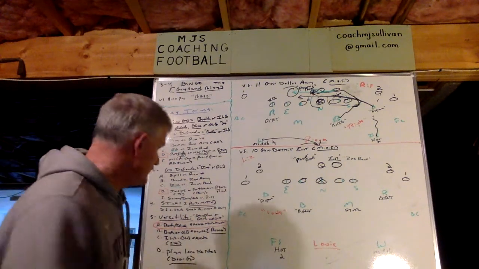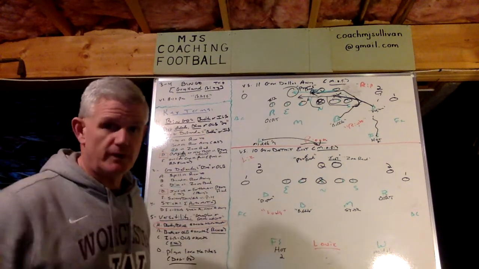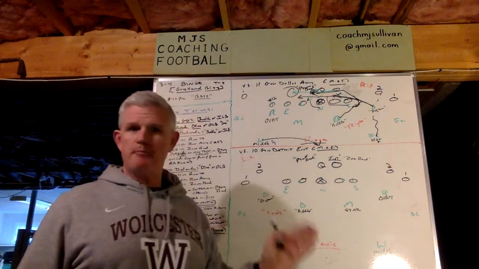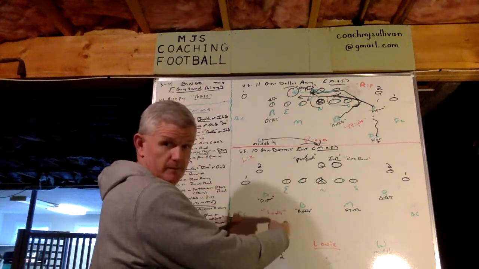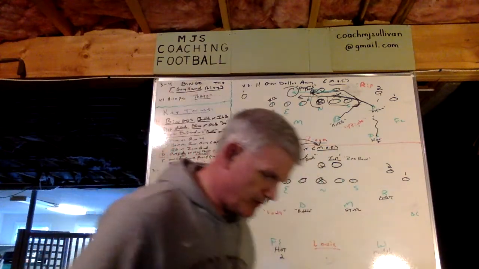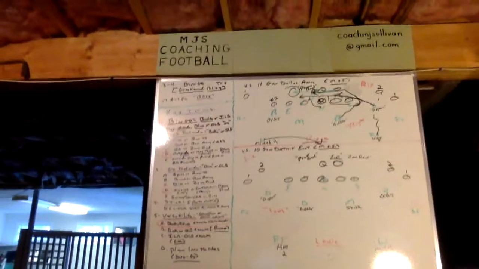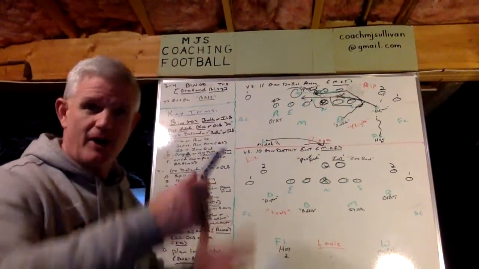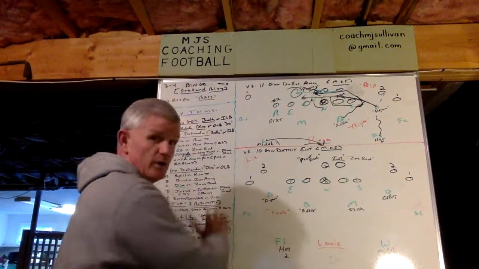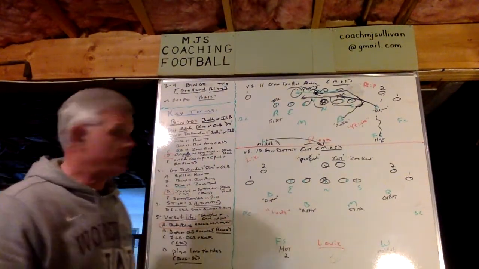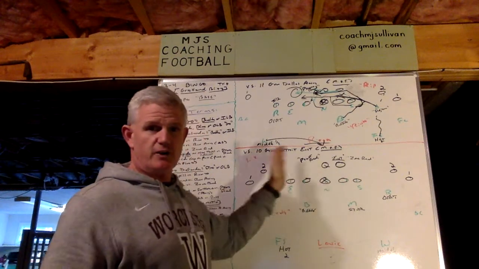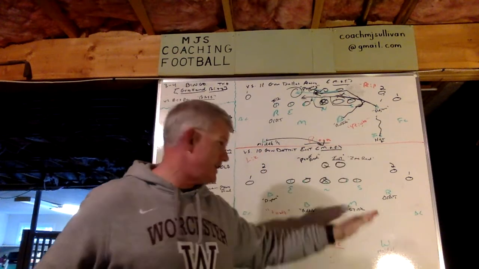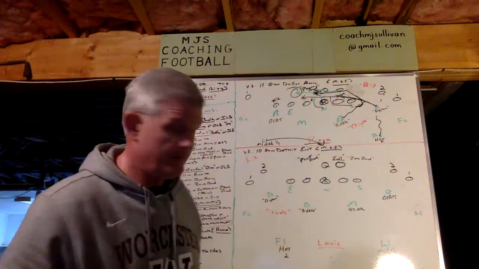Okay, so again, versatility. We might say middle of the field, we're going to call bingo. You guys run it. Regardless of where the back is. Woo, hot marker. Okay, see again, there's the built-in versatility because they have an equal tendency to go power read and zone read. And I'll show you how we cover that over here.